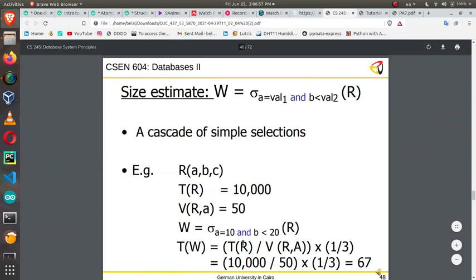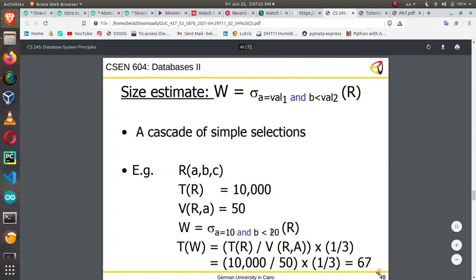So T of R over V of R, A, 10,000 over 50 equals 200, for example. Okay, so the number of tuples from relation R that satisfy the first subcondition is 200.